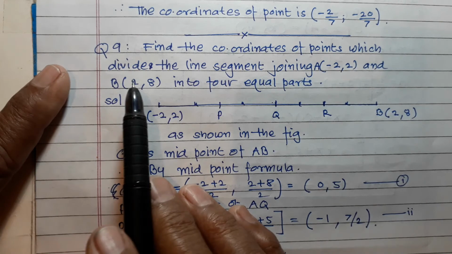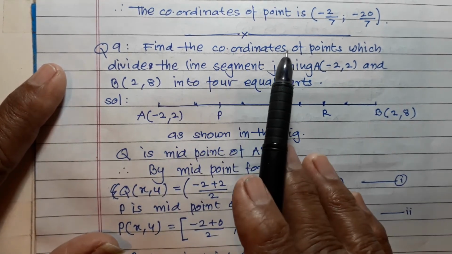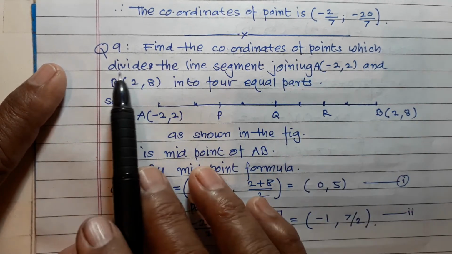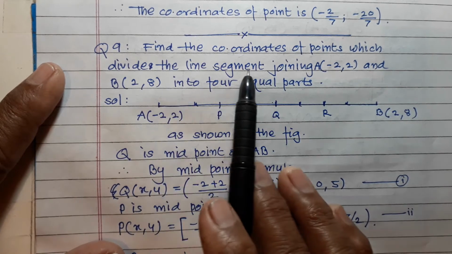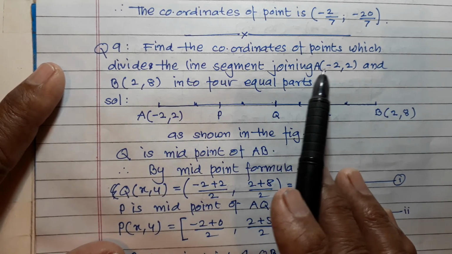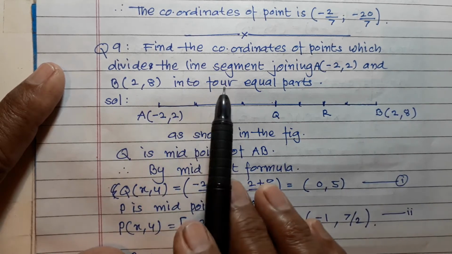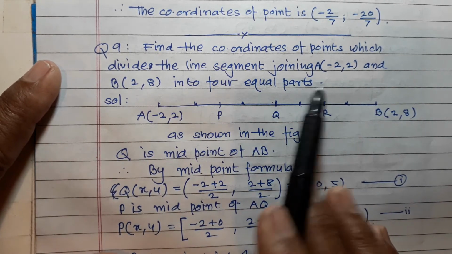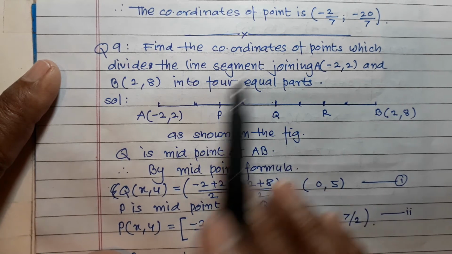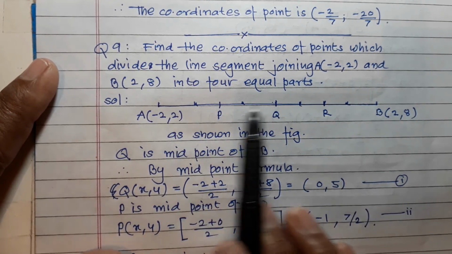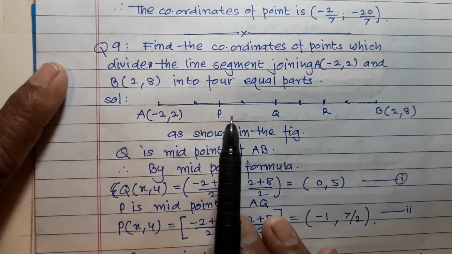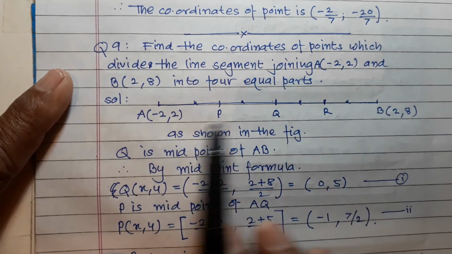Question number 9. Find the coordinates of the points which divide the line segment joining A(-2, 2) and B(2, 8) into four equal parts. If you draw the figure, you will get the answer very easily, so draw the figure.